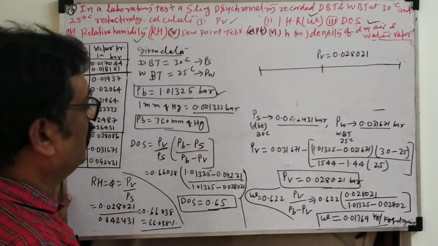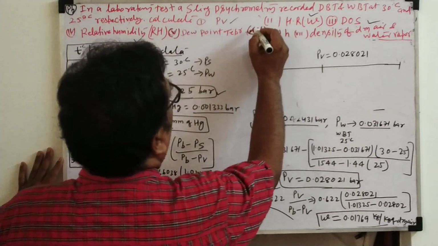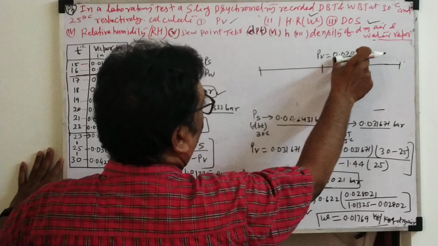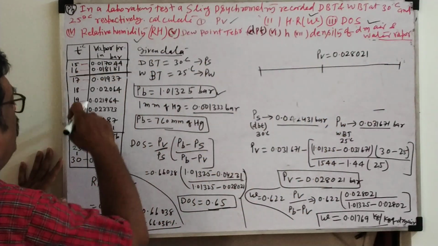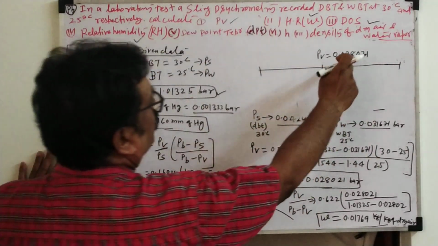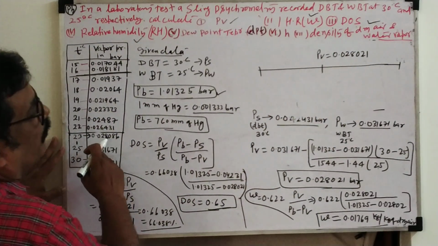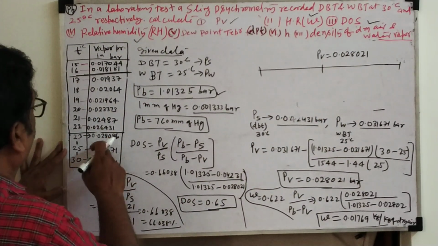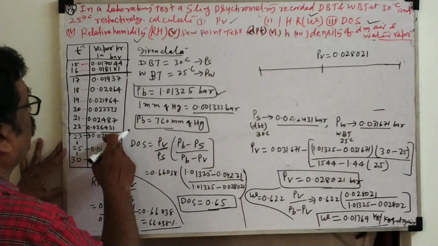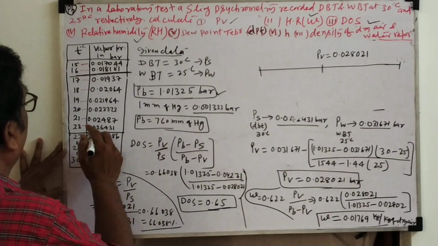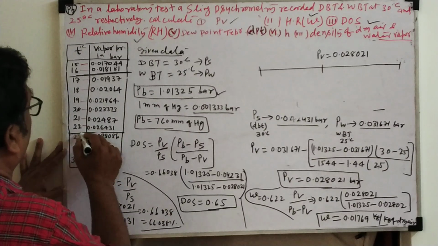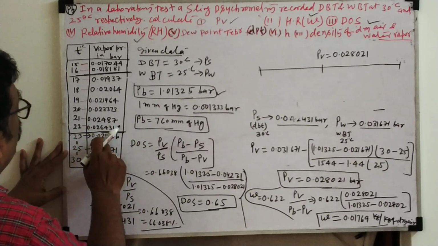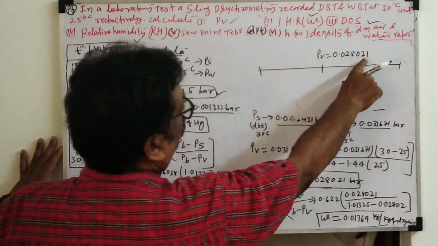Then what is the method? For the dew point temperature, once you calculate this value, you get the corresponding temperature from the vapor pressure table. So now you look for this value here, 0.0280, so this value belongs between 22 and 23. See here, 0.02808, 21 is there.